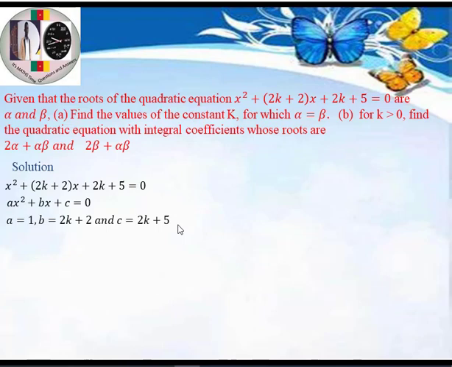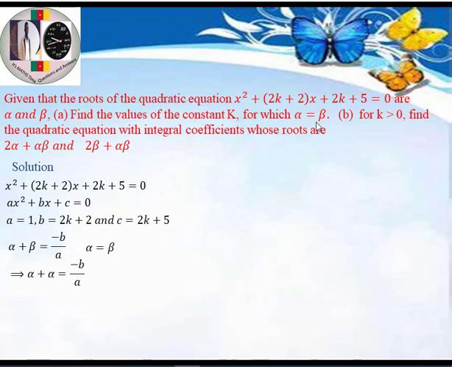And then we know that if we are summing the roots of a quadratic equation, we are going to have alpha plus beta, and alpha plus beta is always equal to minus b on a. From the question, alpha is equal to beta, meaning anywhere we see beta, we can replace it with alpha. So instead of alpha plus beta, we are going to have alpha plus alpha equals minus b on a.